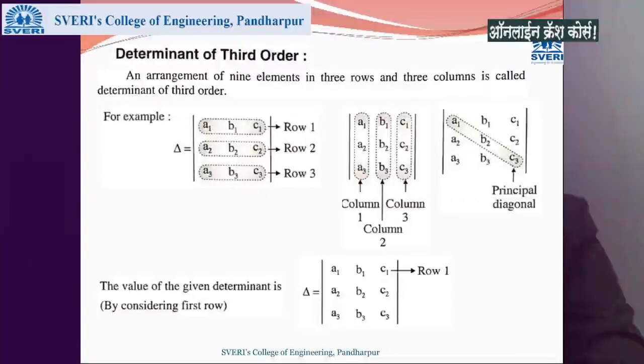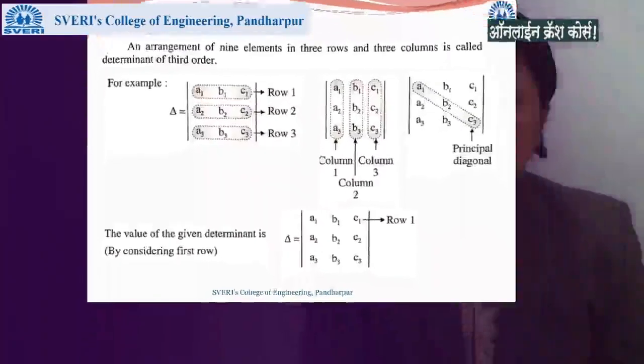Here a1, b2, c3 are called the principal diagonal. And how do we get that determinant? By considering a1, b1 and c1, only the first row.